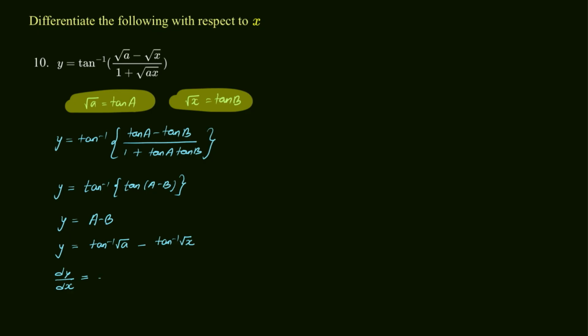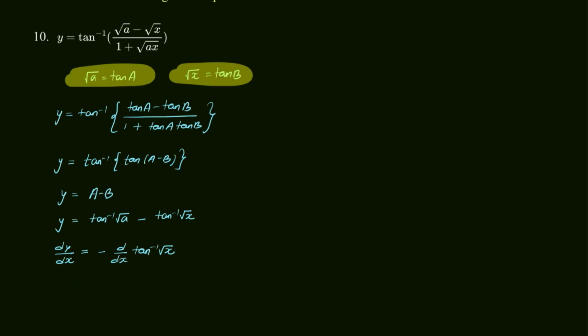Then we will have minus d/dx of tan inverse of root x. Again, by the chain rule, I will consider this as x. Then dy over dx equals minus, d/dx of tan inverse x is 1 by 1 plus x square, into d/dx of root x.